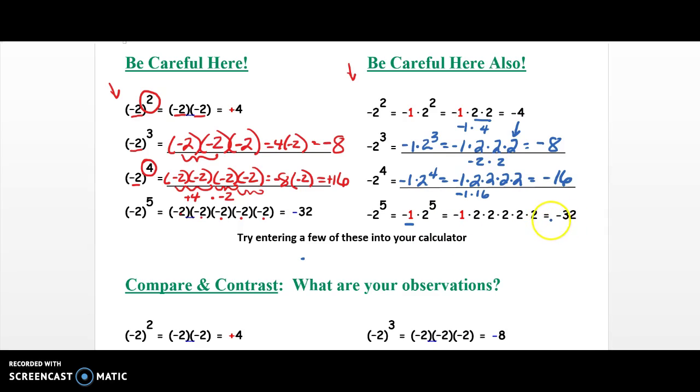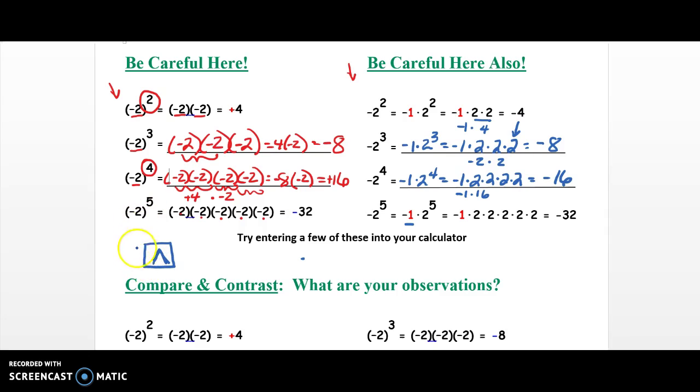Okay? And I want you to try entering a few of these into your calculator. On a TI-30, the ones that you guys are supposed to have in class, your power button looks like this. Okay, I call it an up caret.